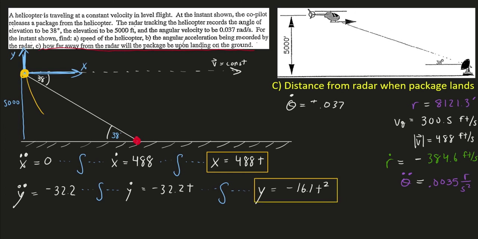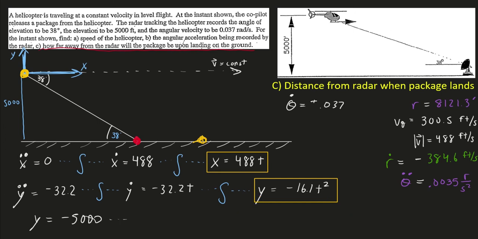Alrighty. So here's our plan. They want to know the distance from the radar when the package lands. So here's my package landing right here. And when it lands, my y-coordinate is negative 5,000. Let's throw negative 5,000 in for our y and see what comes out for our t. What time does our package land?